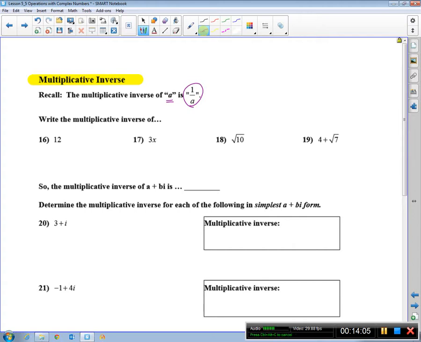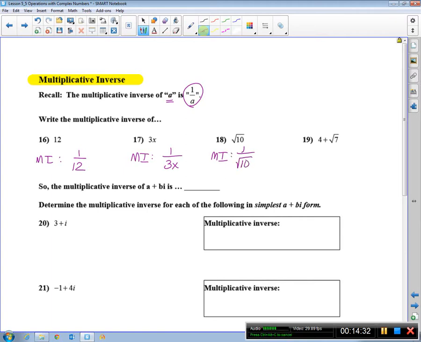The multiplicative inverse of 12 is 1 over 12. The multiplicative inverse of 3x is 1 over 3x. The multiplicative inverse of the square root of 10 is 1 over the square root of 10.